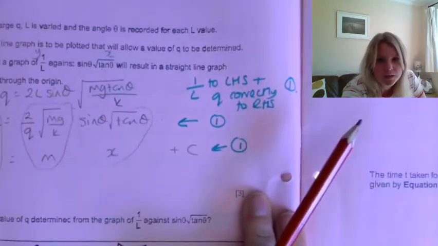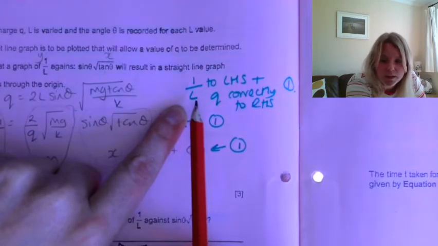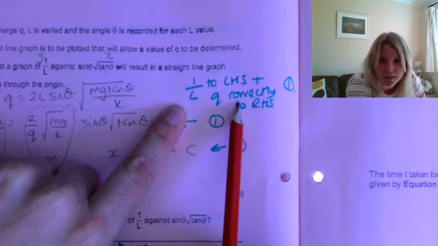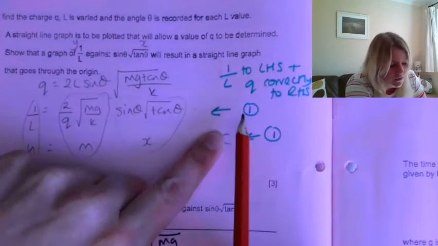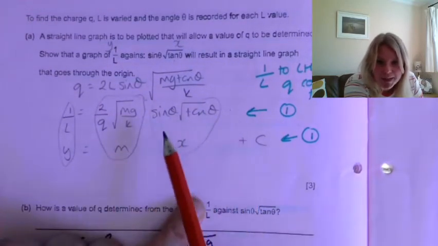So if you can see here, this is what the marks are for. There's one mark for getting 1 over L on the left hand side and Q correctly on the right hand side. There's one mark for the full correct rearranging, and then there's one mark for mapping it to y equals mx plus c.